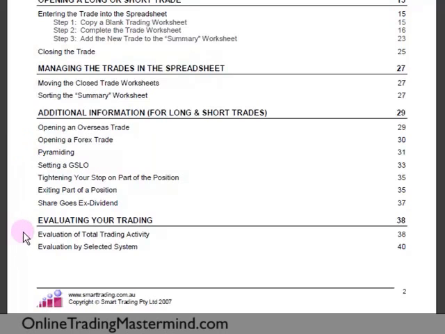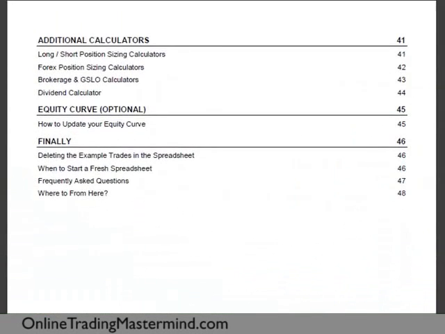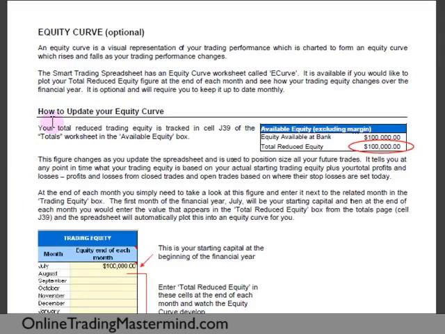And also about how you evaluate your performance, and the calculators, the equity curve, and also what you do at the end of financial year when you want to close down the spreadsheet and start up a fresh one. And at any point in time, all you have to do is click on an item in the contents and it takes you to that page.